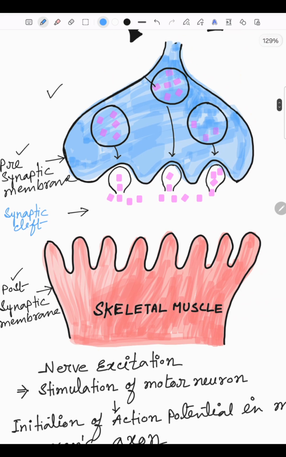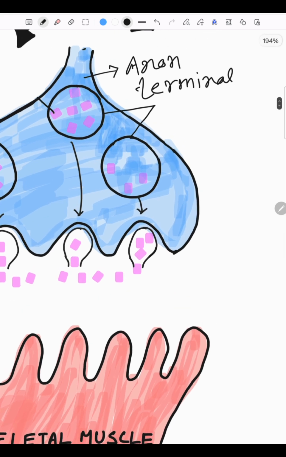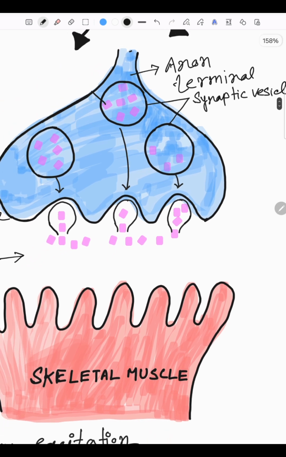So this is an axon terminal, and within this axon terminal there are some synaptic vesicles. The synaptic vesicles store the neurotransmitters, and for muscle contraction the neurotransmitter is acetylcholine.